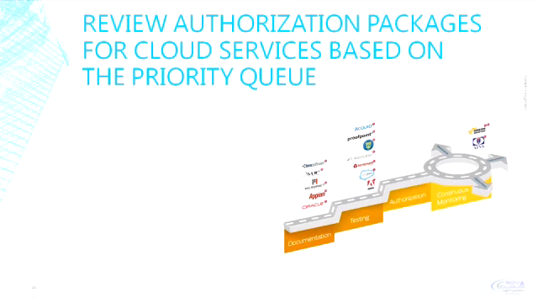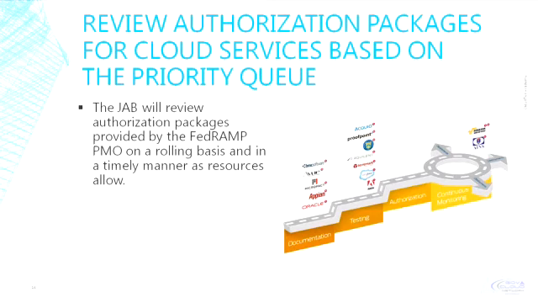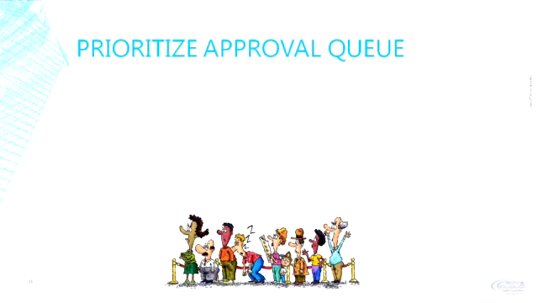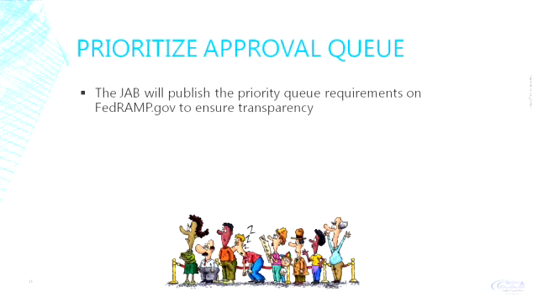An important responsibility for the JAB is to review authorization packages provided by the PMO on a rolling basis and in a timely manner. The JAB will publish the priority queue requirements on fedramp.gov in order to ensure transparency into the process.